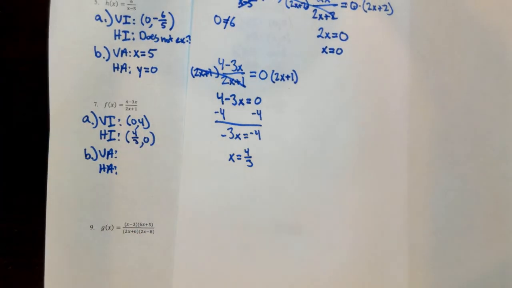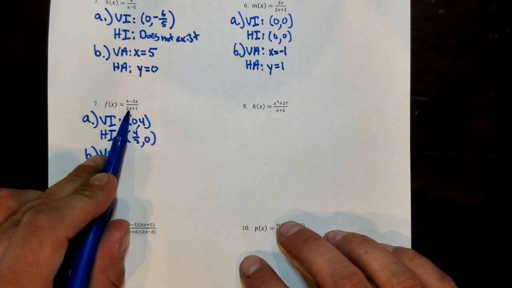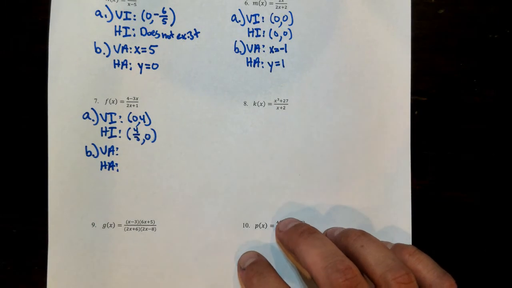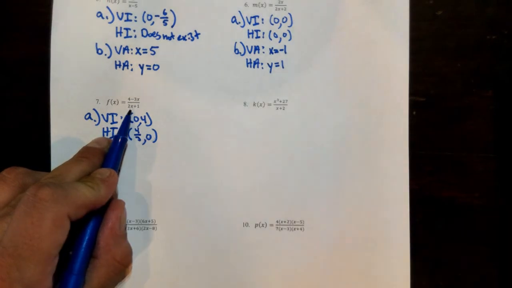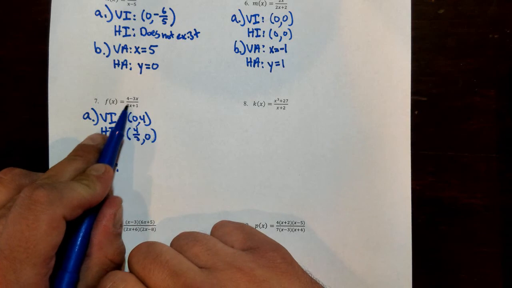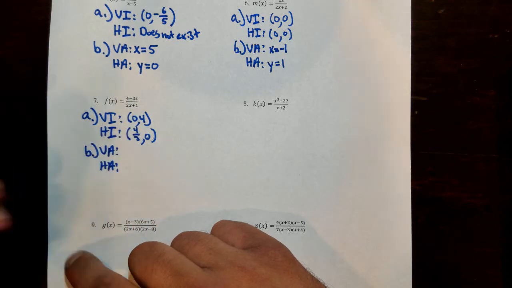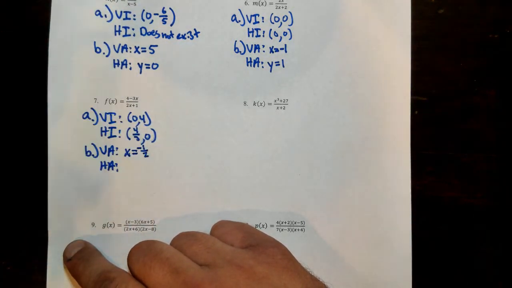And then for our vertical asymptote, what number, if we plug in on the bottom, will make it equal 0? You could set it equal to 0 and solve for it, but can't you imagine if I plugged in -1/2, it would zero out? -1/2 times 2 is -1, plus 1 is 0, so x equals -1/2.